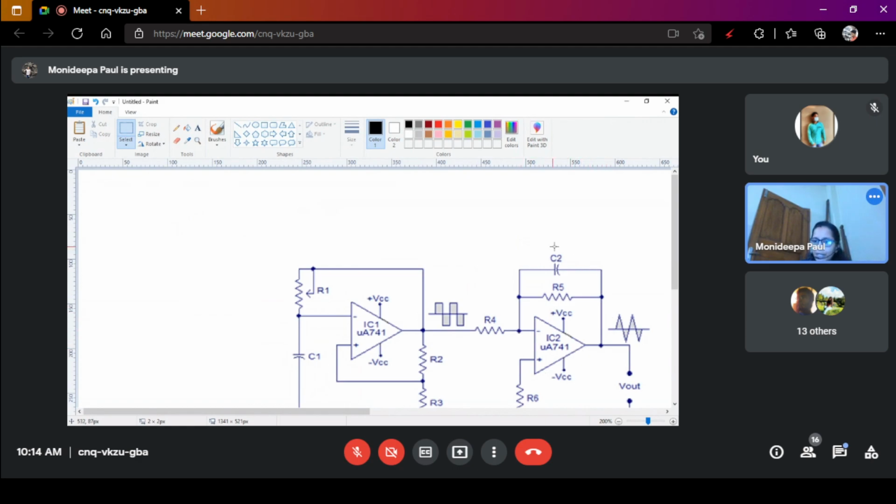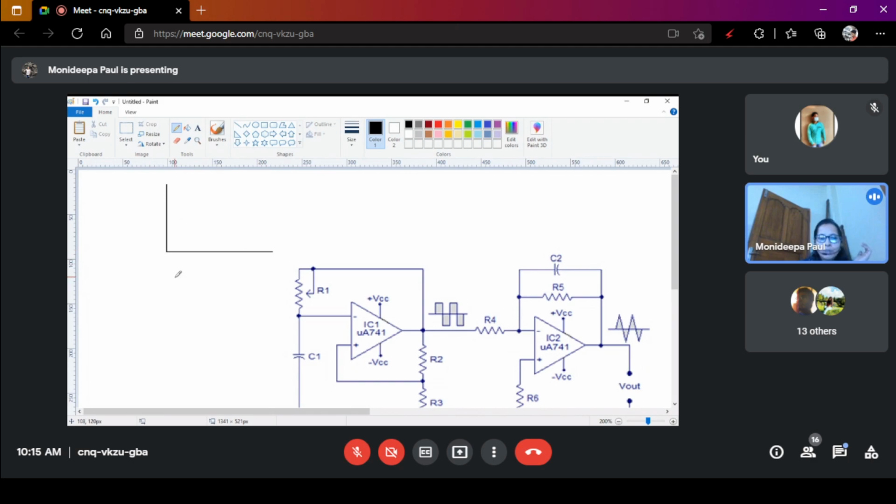But due to the capacitor present here, its capacitive reactance is increasing. So what happens? Gain, that is Xc2 by R4, is increasing. You apply the 5 volt, but gain is increasing. If gain is 1, output voltage should be 5. If gain is 1.5, output voltage should be 5 into 1.5. That means if you draw the output, sorry.